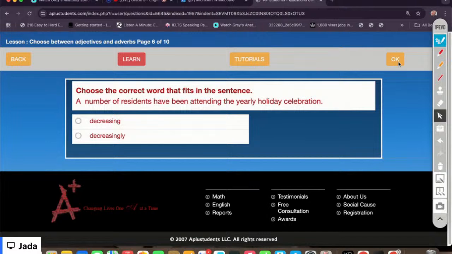So a dash number of residents have been attending the yearly holiday celebration. So decreasing or decreasingly?